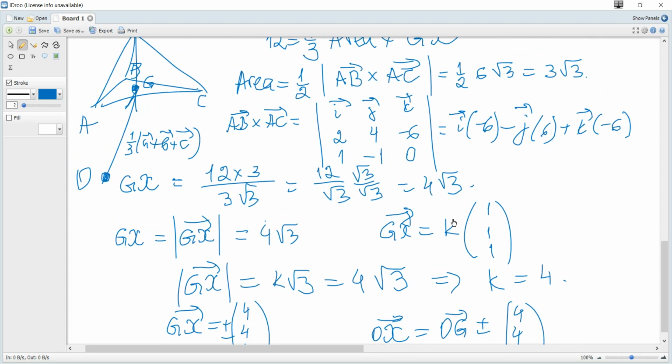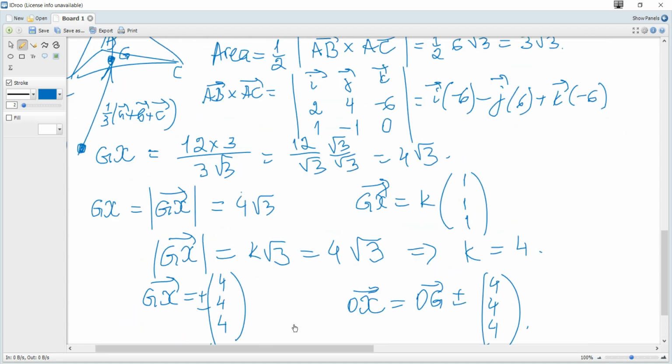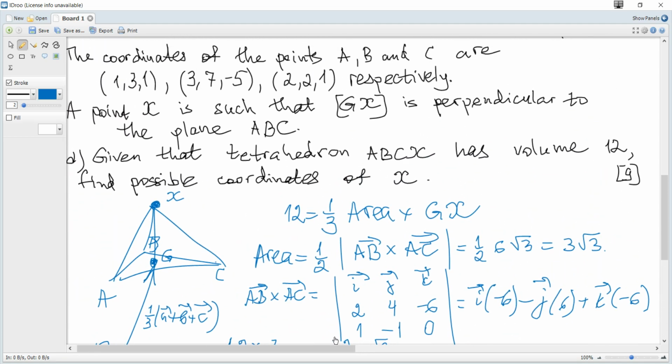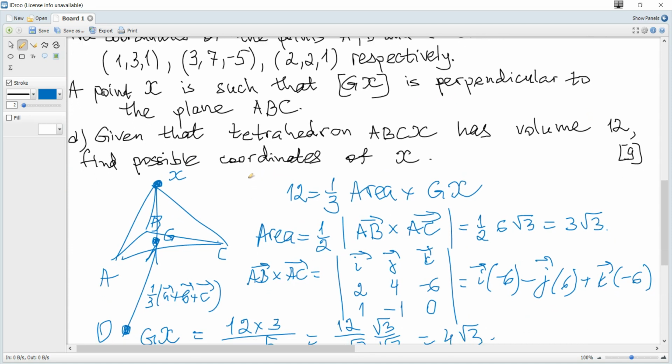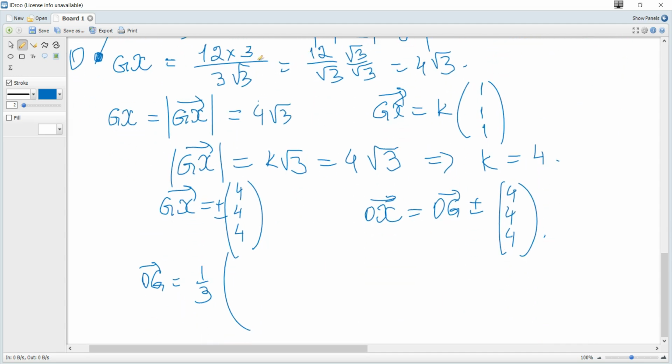And we need the OG vector, it's 1/3 of the sum A plus B plus C. For the x coordinate, it's 1 plus 3 plus 2, it's 6 over 3, it's 2.